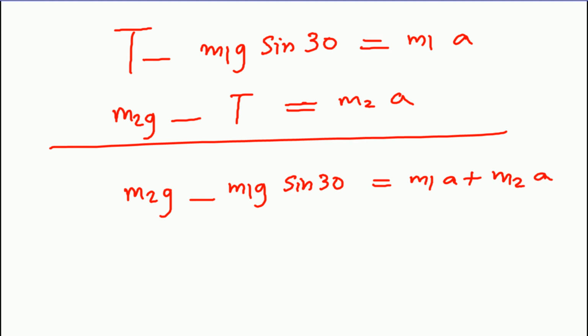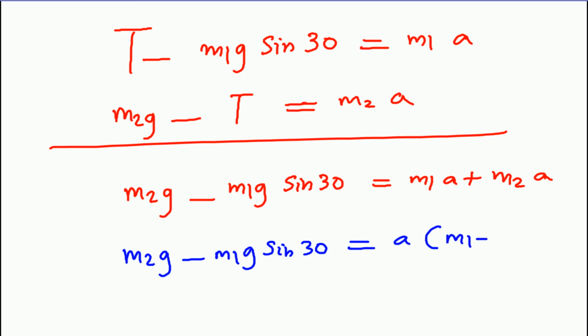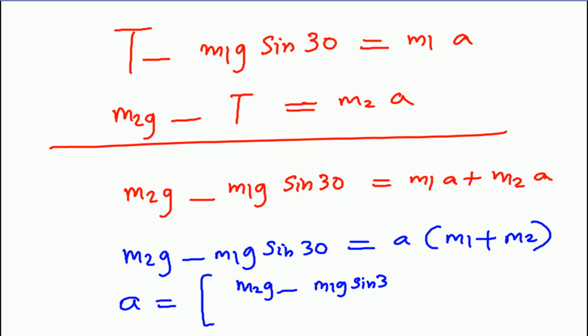So what is A? So you get M2G minus M1G sine 30 equals A times M1 plus M2, or A is equal to M2G minus M1G sine 30, whole thing divided by M1 plus M2.